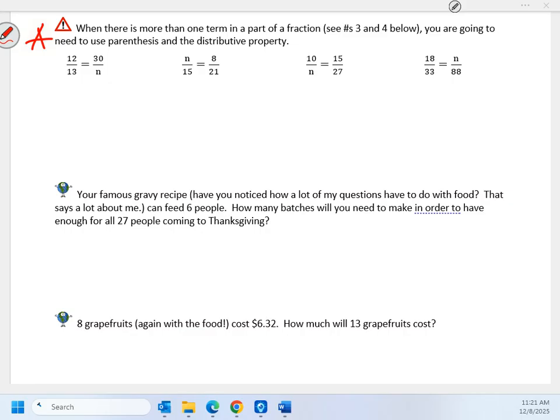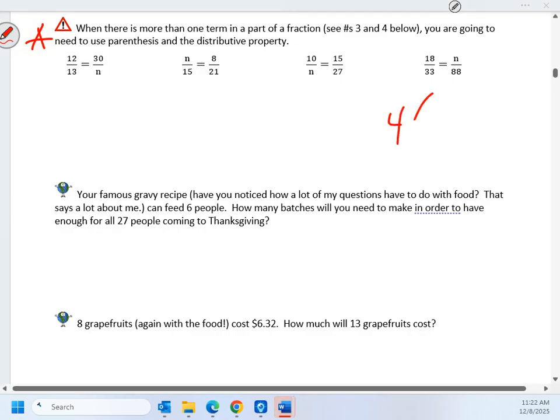Just know that distributive property is when we have to multiply through our parentheses. I have the distributive property on the back wall. So distributive property is when you have that number outside of the parentheses. So I think back there it was like this.